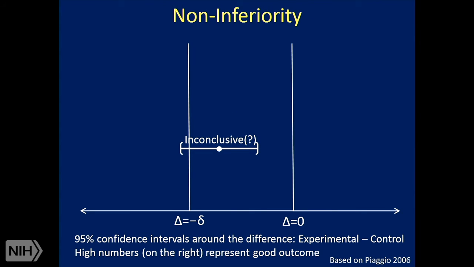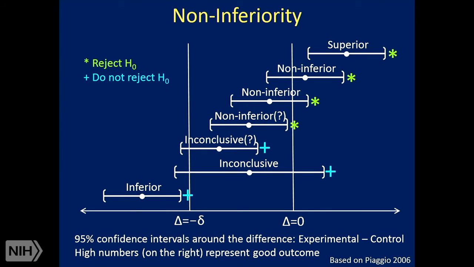If it covers the minus delta, then you can't say much. And here's basically, if you notice, if the lower limit of the interval is to the right of minus delta, as long as you're completely on this side, you reject H0. You say it's non-inferior.